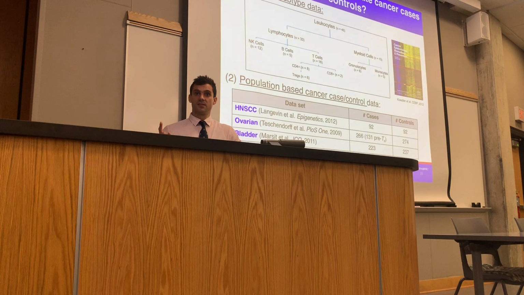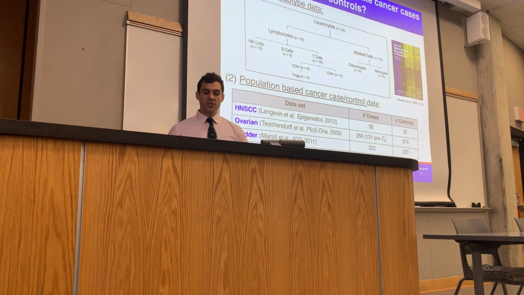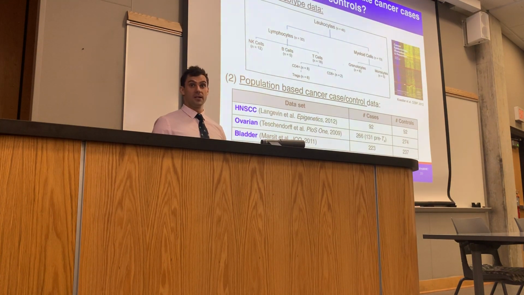If it turns out that this is the case, then that would suggest that some of the marked differences that were being detected in those early studies were merely being driven by the fact that the immune composition is different in people that have cancer and people that don't. That's not super interesting, right? We already know that that's the case.